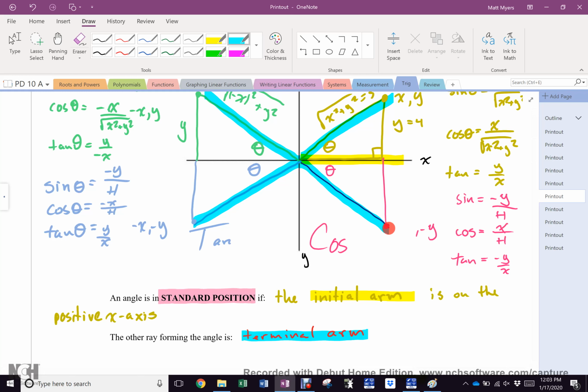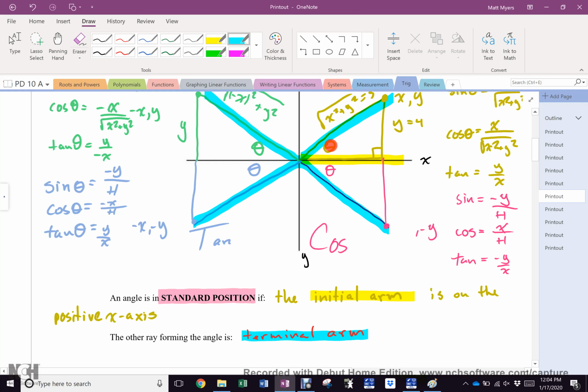The end, right? If you're terminally ill, you're ill till the end. If you take a bus to a bus terminal, that's where it ends. You see the word terminate in terminal, right? So, if this is my initial arm, and this is where the angle ends, that made our gold theta, yes?